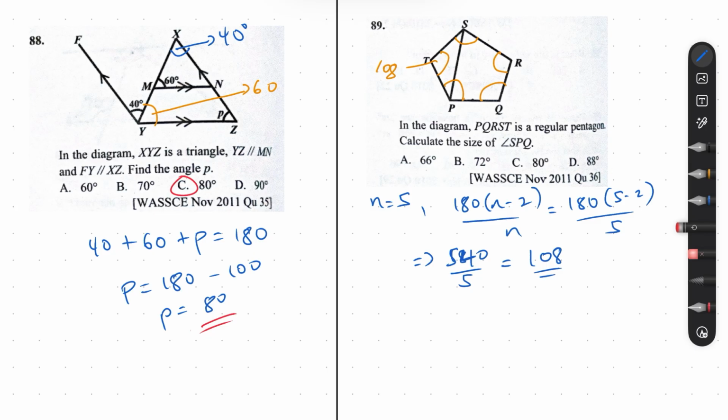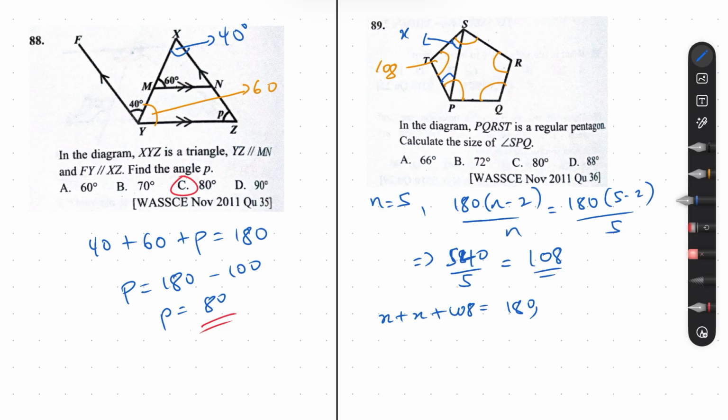So assuming we label this angle with blue and we call that angle X, that means that this X is the same as the X over here. These two angles are the same, right? So that means X plus 108 should give us 180. Okay? So we have X plus 108 gives us 180.